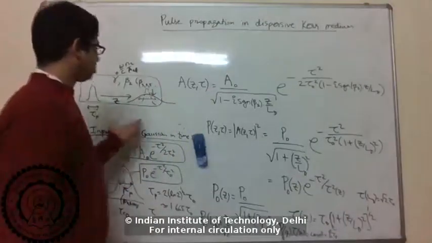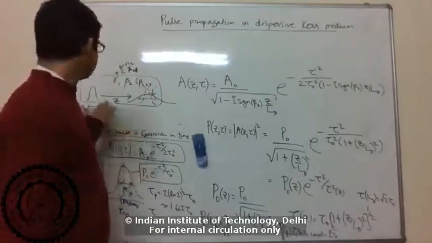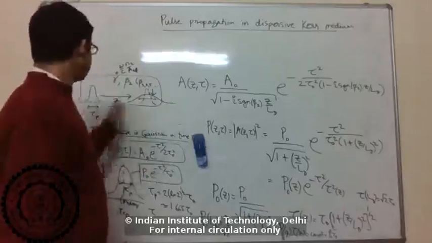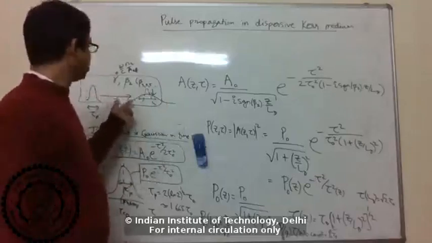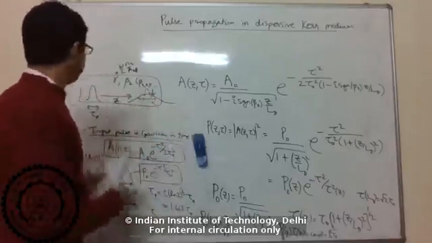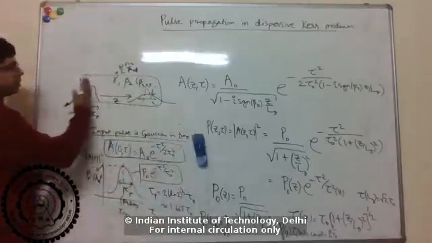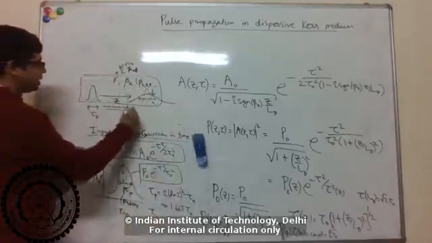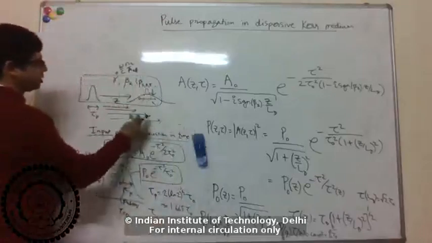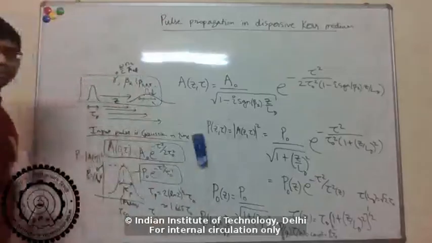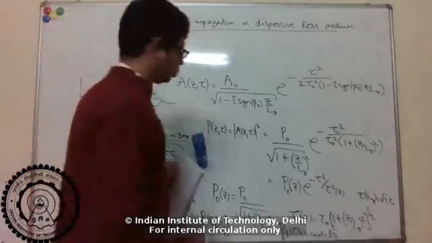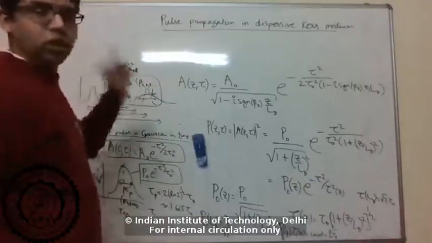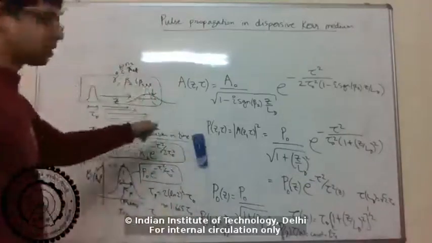And the physical reason for this is that the pulse has a range of frequencies, and each frequency is traveling at a different speed. Initially all of them start together, but as they travel, one reaches here, the other reaches here, and the other reaches here. So they're spread out now in time. That's due to GVD, because now the group velocity is a function of frequency. That's why this is happening.